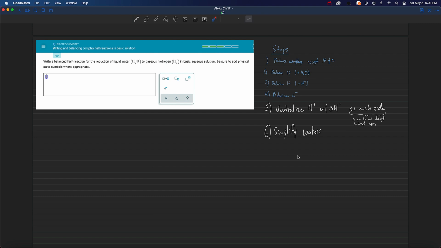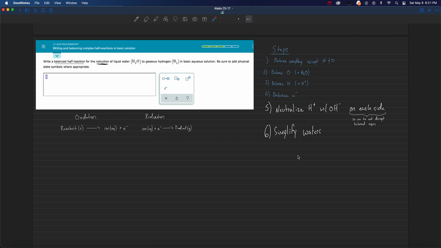Because they give you both oxidation and reduction questions, you have to look out for the keywords that they're asking for. So writing balanced half reaction, boom, you already know what problem it is. And then for the reduction here, this is the key giveaway.